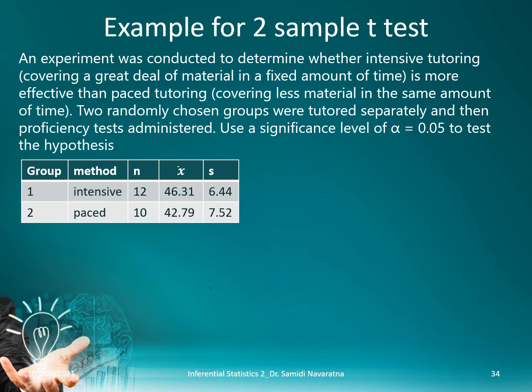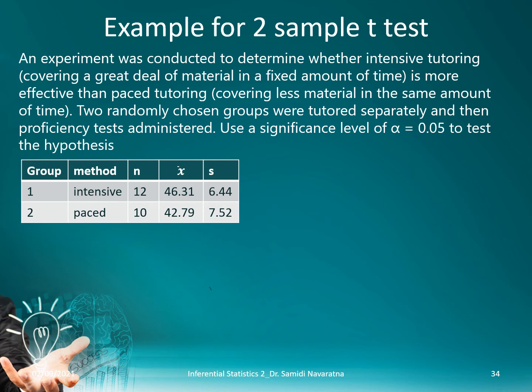Let's look at an example for hypothesis testing using independent two-sample t-test. An experiment was conducted to determine whether intensive tutoring, that is covering a great deal of material in a fixed amount of time, is more effective than paced tutoring, that is covering less material in the same amount of time.